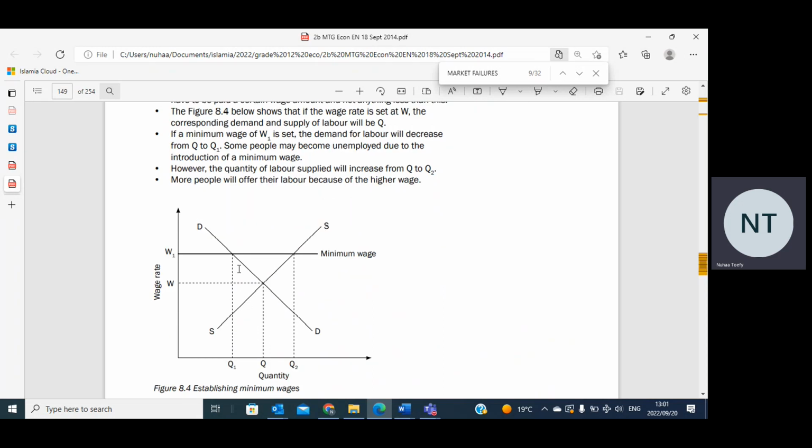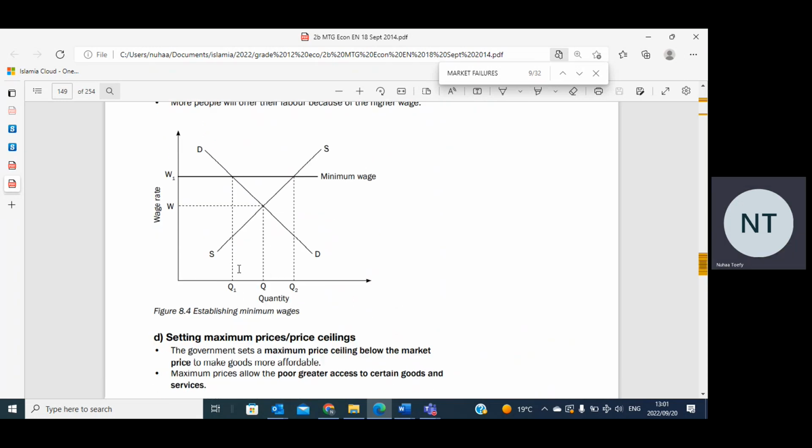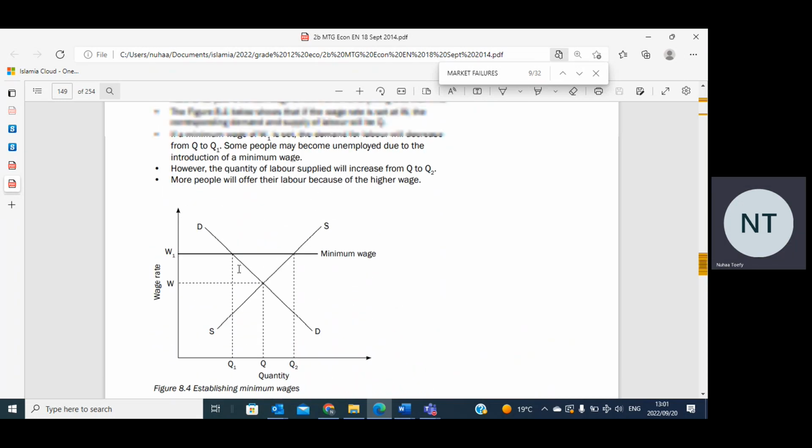So how does the minimum wage graph look? You'll see we have the demand and supply. For each of these graphs, you must be able to recognize the graph, explain the graph, and explain the effect in the market. So I'm just going to write that.